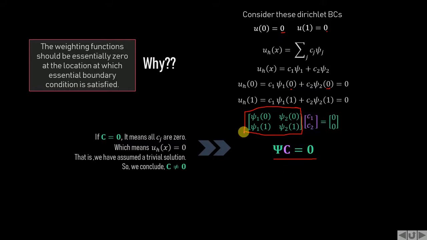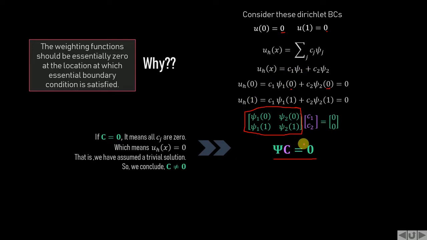For this product to be 0, either this thing should be a 0 matrix or this thing should be a 0 vector. Now the c_j's can't all be 0, because otherwise you don't have a trial solution itself. It's 0, and we already have that solution, the 0 solution. So it's a trivial solution for this equation.